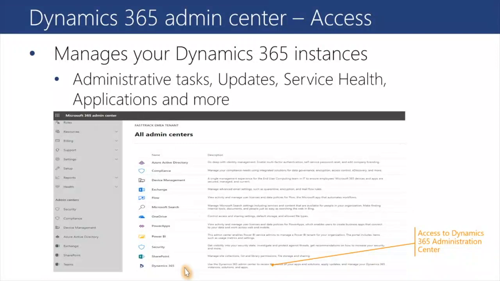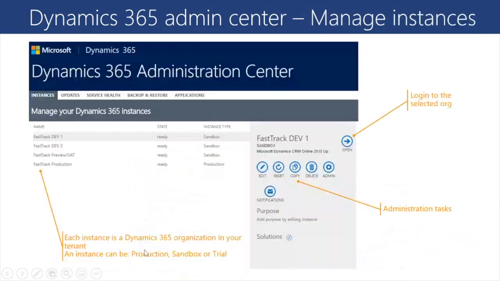Dynamics 365 Admin Center can be accessed via the Microsoft 365 admin portal, as I showed you before. When you navigate to Dynamics 365 Admin Center, under the Instances tab, you can see each instance on your Dynamics 365 tenant. In this case, we have 4 instances in our FastTrack tenant, and you can of course have more instances.